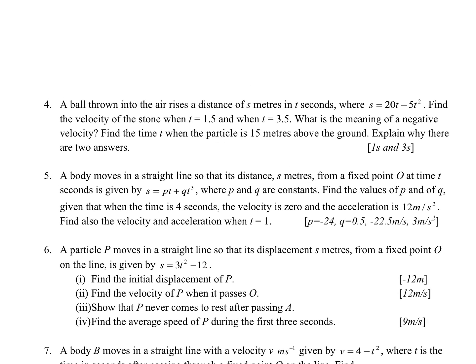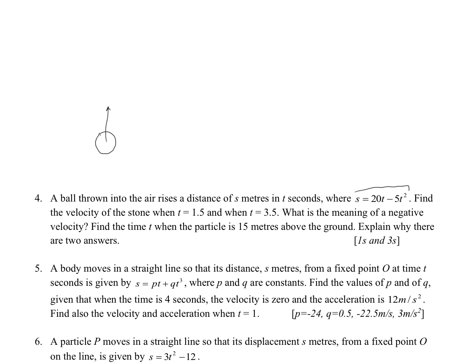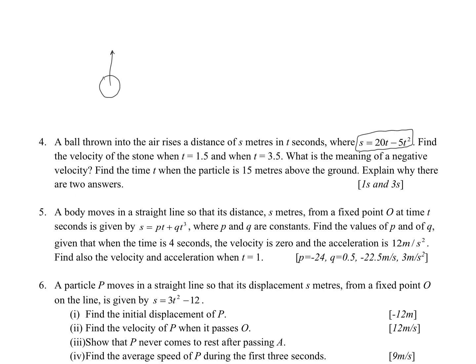Okay, question 4. I have a ball that is thrown into the air. The distance s meters in t seconds is shown by this equation. If you look at it, it's like a parabola equation, right? So you know it's going to be a maximum curve.